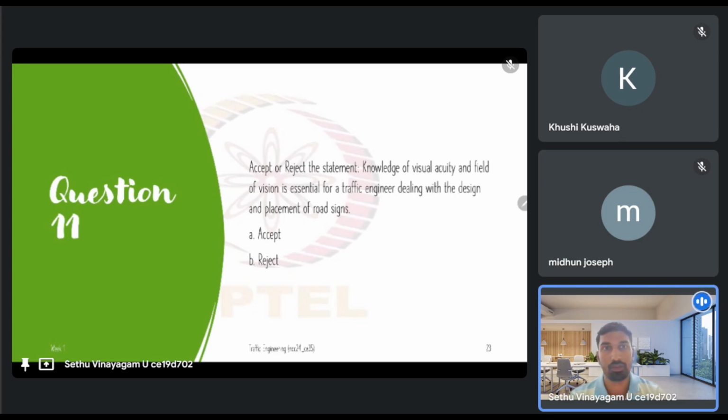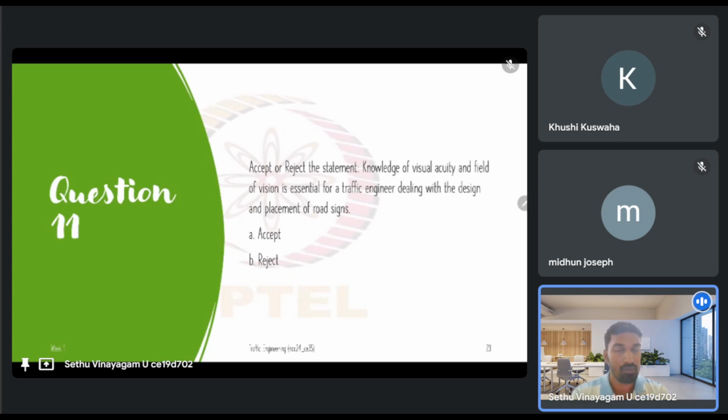Based on that, as well as the stopping sight distance, the position of the road sign on the road will be decided, and based on the field of vision, the horizontal as well as the lateral placement. So we know at this location we have to place the sign, so that vehicles can safely stop in case of some hazard. But at what position along the road we keep it is based on the field of vision.